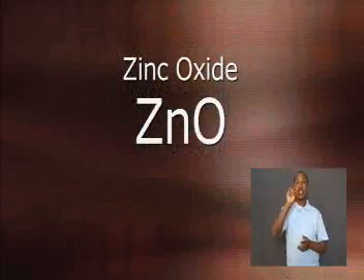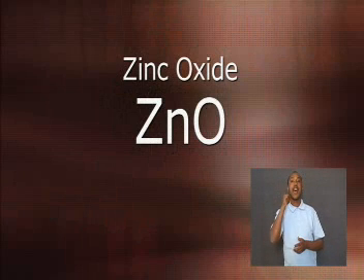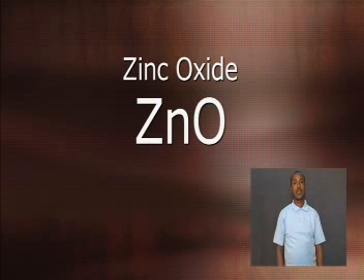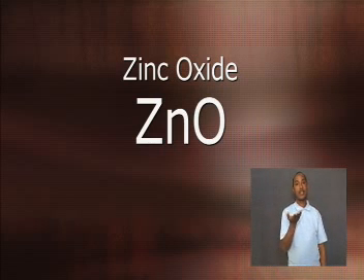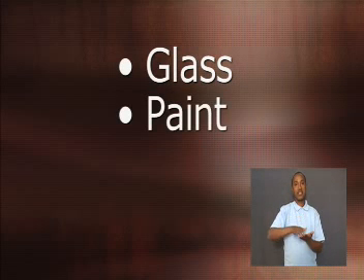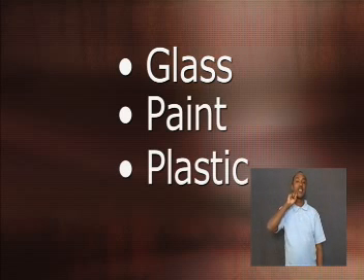Students, let us do an activity from the textbook. Zinc oxide is another type of compound. It is used in many materials such as glass, paint, and plastic.